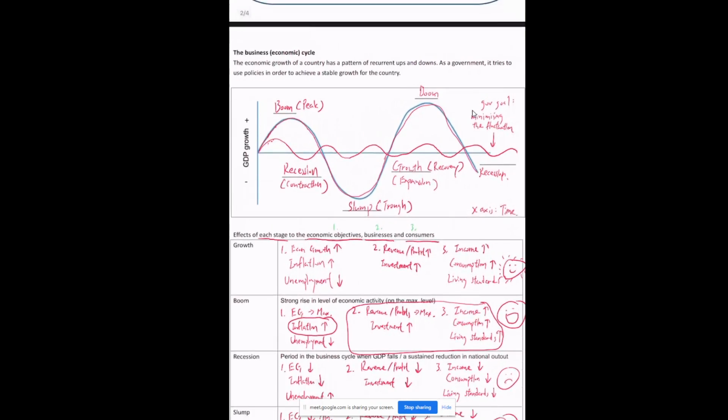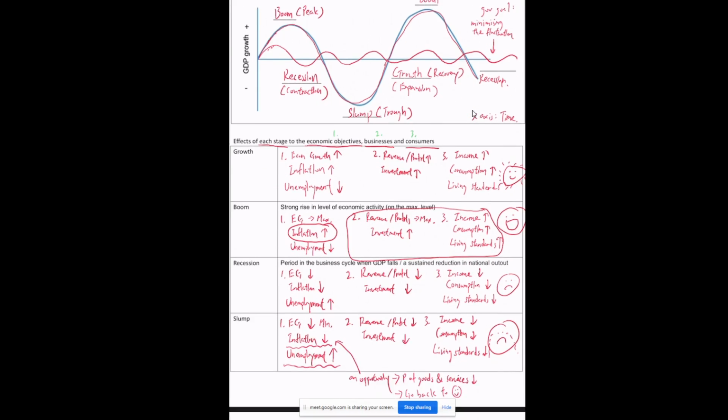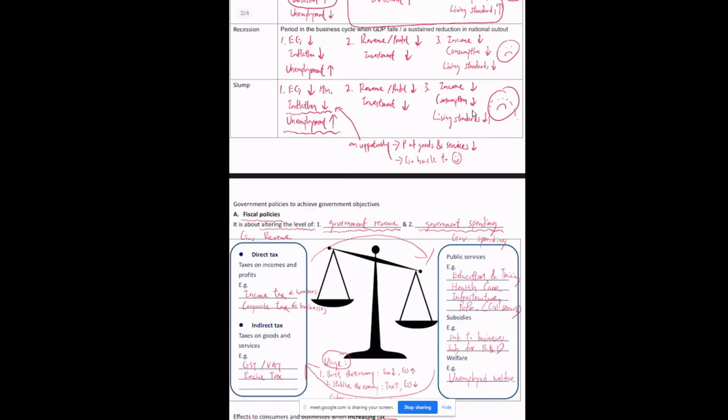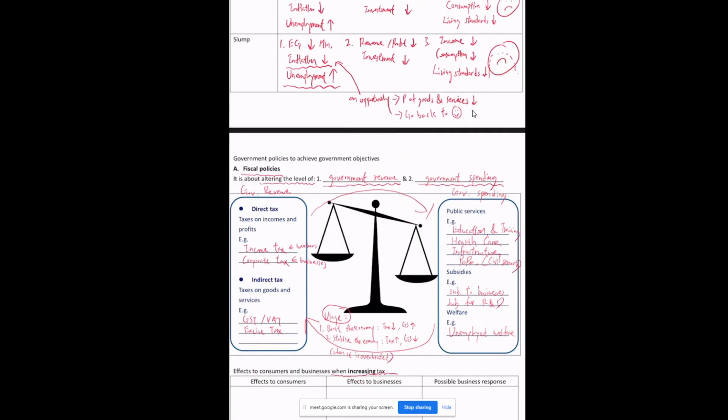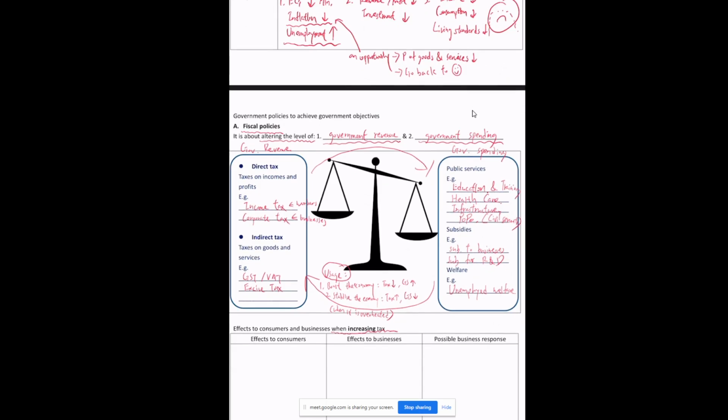And when you see so many different stages in a business cycle, or what you can call an economic cycle, you know that as a government we have to do something. We have to do something in order to stabilize the economy. We will use different policies to achieve that.